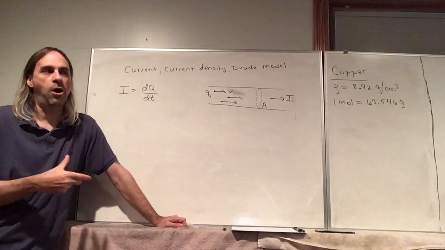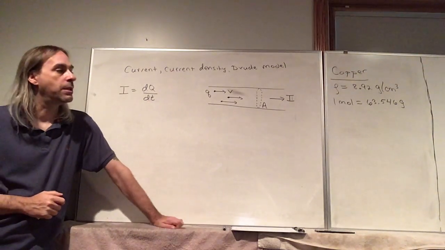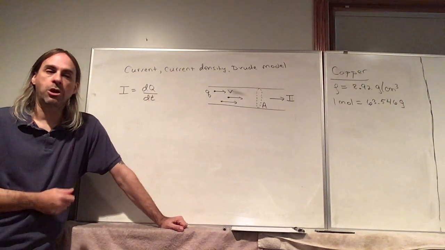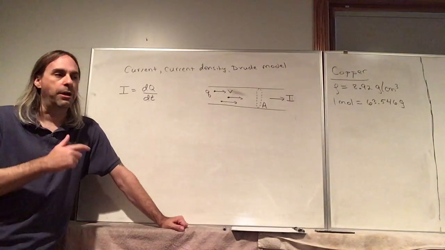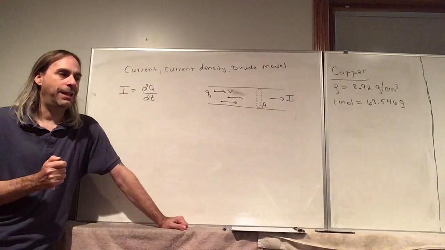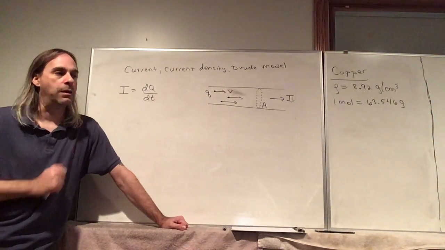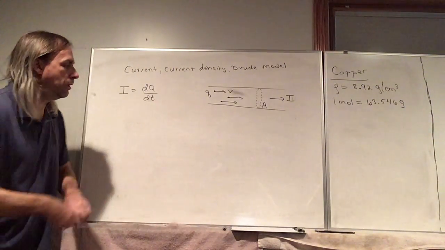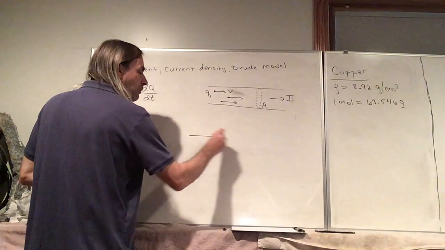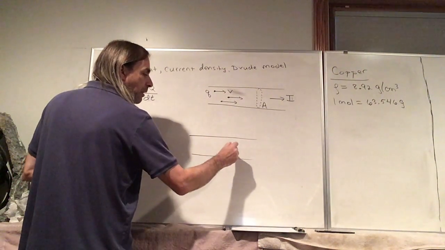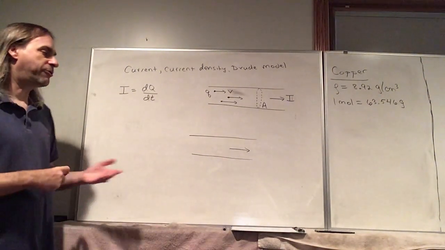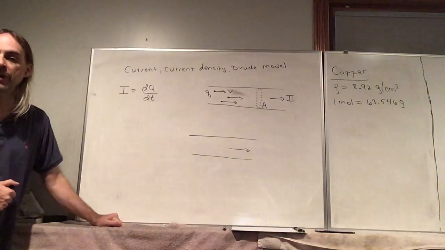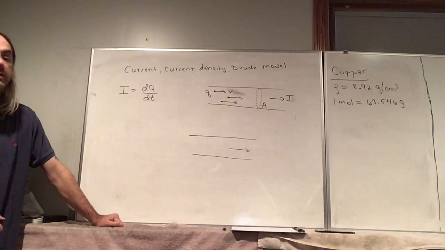in conductors, the overwhelming majority of cases where we're talking about electrical currents, we're talking about inside a metal conducting material. And in that case, it is electrons that are moving. So if you have a wire and say you have a current to the right, it's actually the electrons moving to the left in this case.